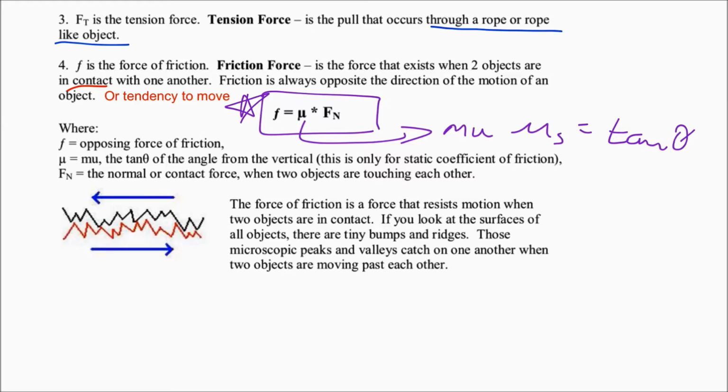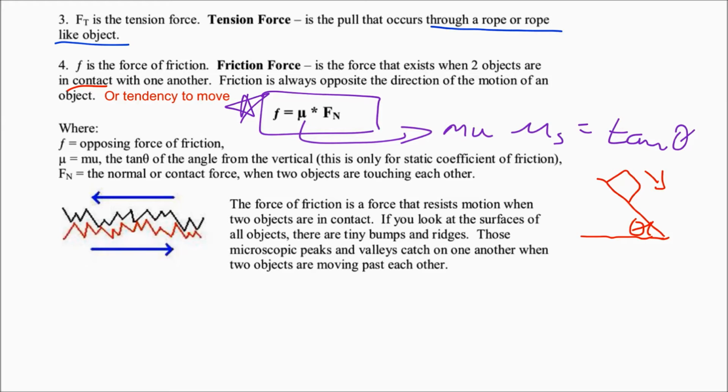So let's imagine for a moment that we've got some kind of a ramp or an incline, and you put a box on that incline, and we then measure the angle at which the box first starts to slide down the ramp.